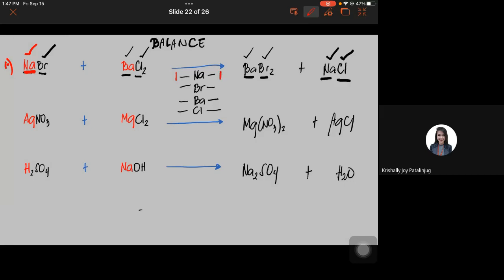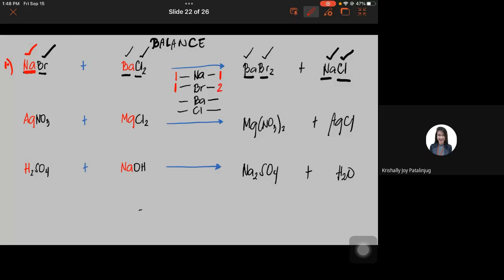Try to compare ha. Bromine, focus on bromine. On the left, bromine on the left of the equation contains only one. What about bromine on the right side, on the product side? How many? Sige, your turn. How many bromine you are seeing on the product side? Okay, there are two.